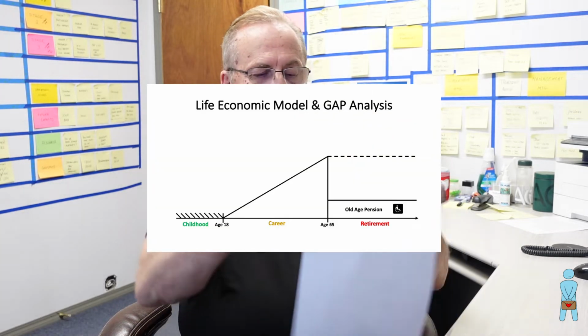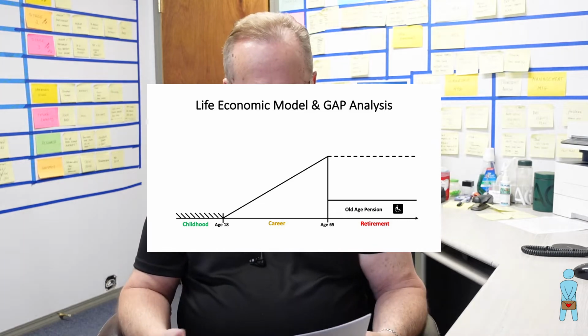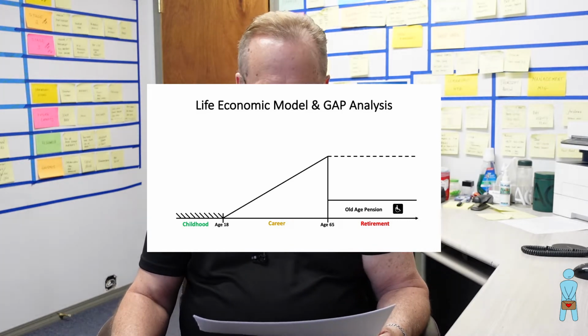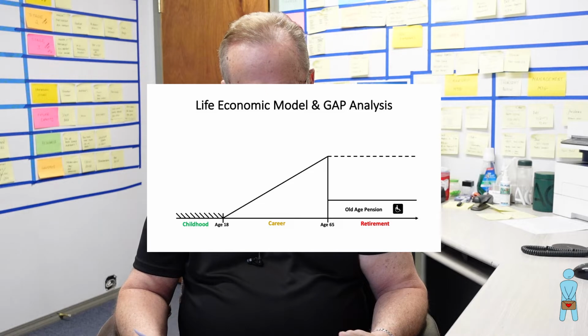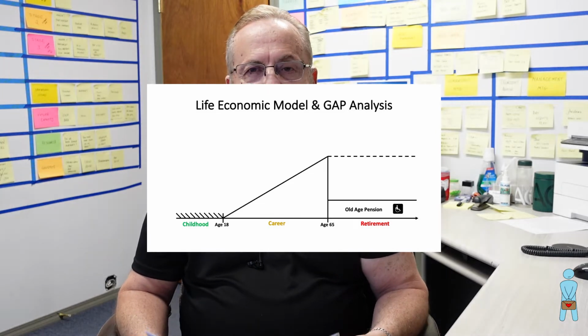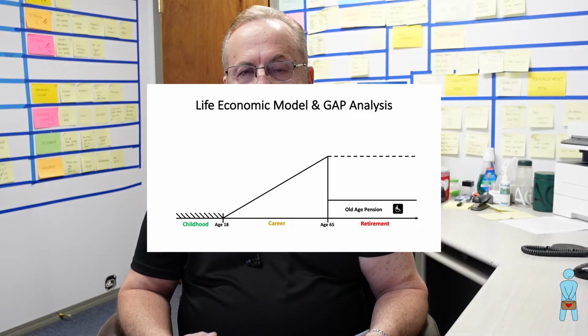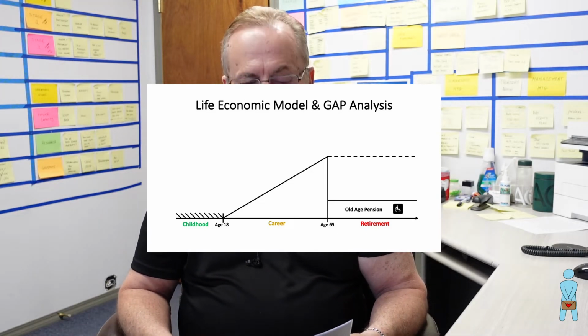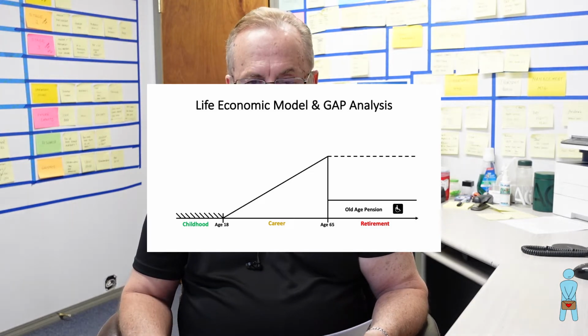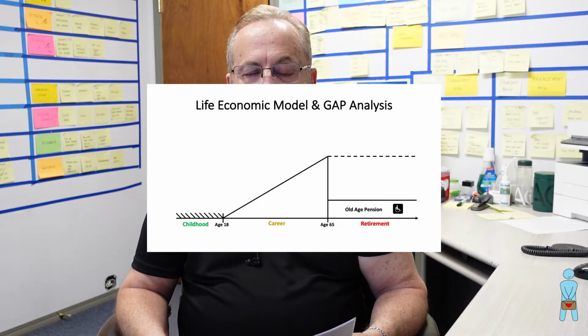So let's start. The first slide you're looking at is sort of the life program story. The life that most people face is, through childhood up to 18, there's not a lot to talk about. But as soon as they get into a career or they carry on with their educational process towards a career, that's when things begin to happen in their life.